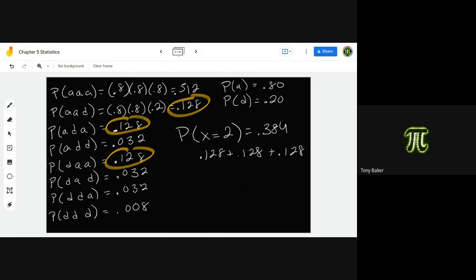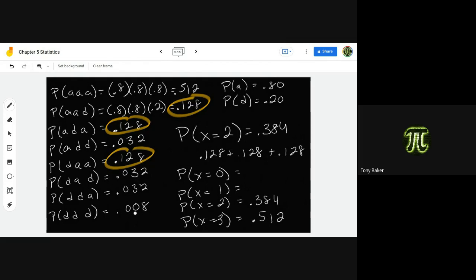Now, if we wanted to do our probability table, a distribution and then the histogram, remember, we look at each one. We have 0 alive, 1 alive, 2 alive, and 3 alive. We just did 2, it's 0.384. For 3 alive, there's only one of those options, and that's 0.512.